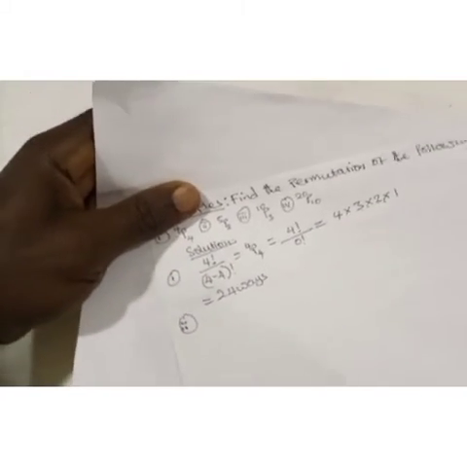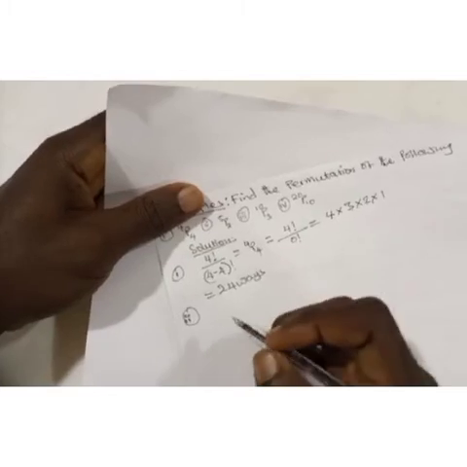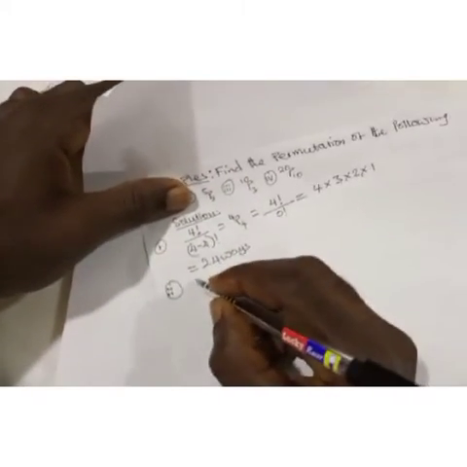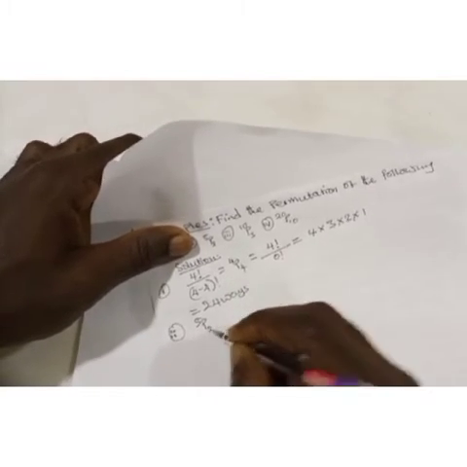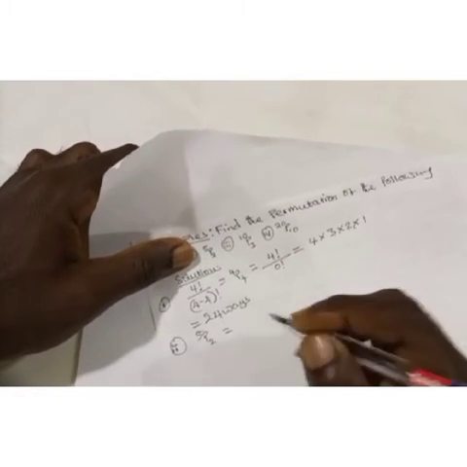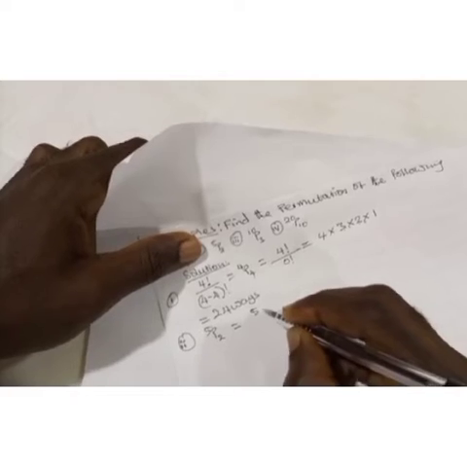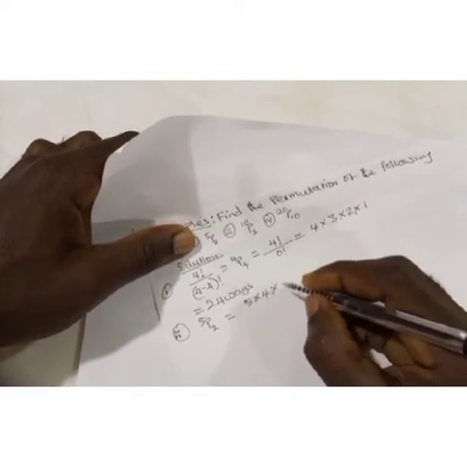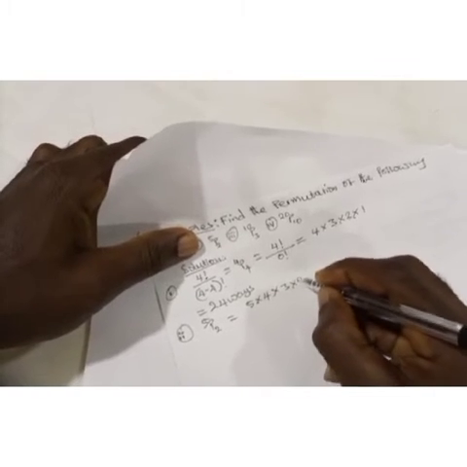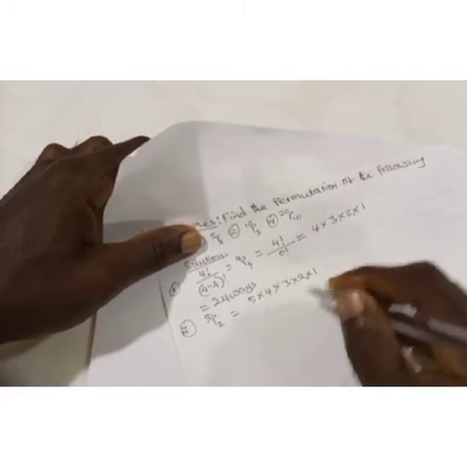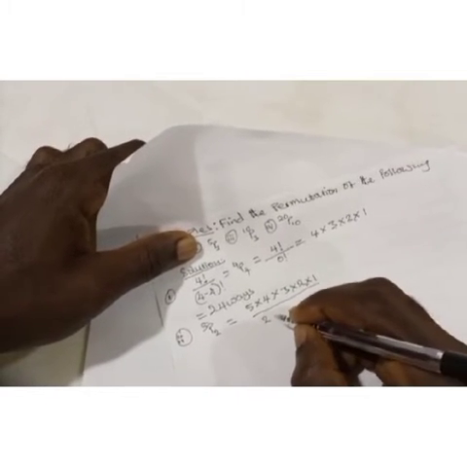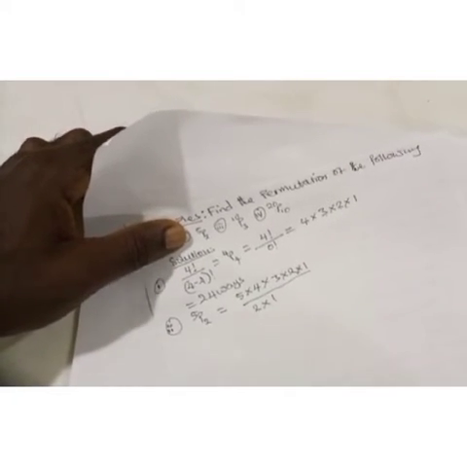So we look at example 2. At example 2 now, we say 5 permutation 2. And 5 permutation 2 is equals to 5 times 4 times 3 times 2 times 1 all over 2 times 1.